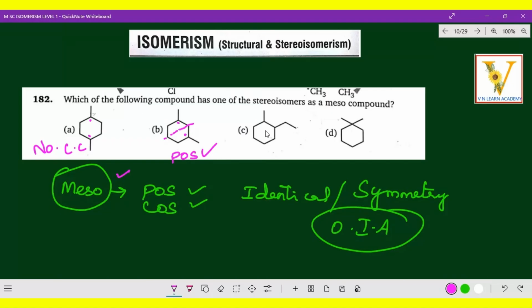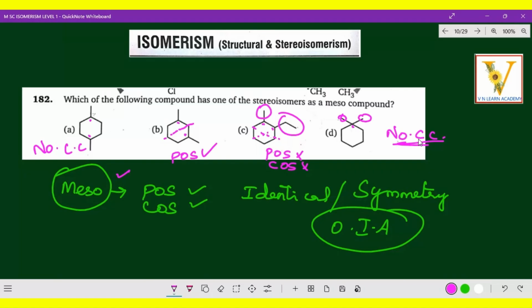Let us check options C and D. Here POS and COS are both absent. Here there are two groups, but one is a methyl group and the other an ethyl group, so POS and COS are both absent. The next one is not an identical position at all. Next, there is no chiral center; you cannot find any chiral center, only two methyl groups are available.